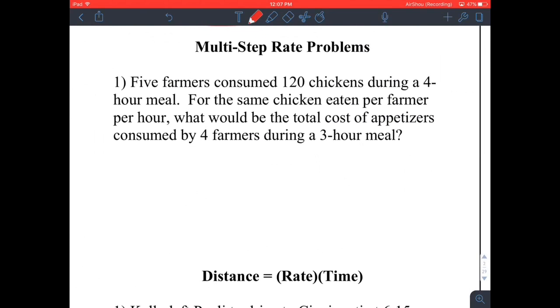Multi-step rate problems. 5 farmers consumed 120 chickens during a 4-hour meal. For the same chicken eating per farmer per hour, what would be the total cost of appetizers consumed by 4 farmers during a 3-hour meal?